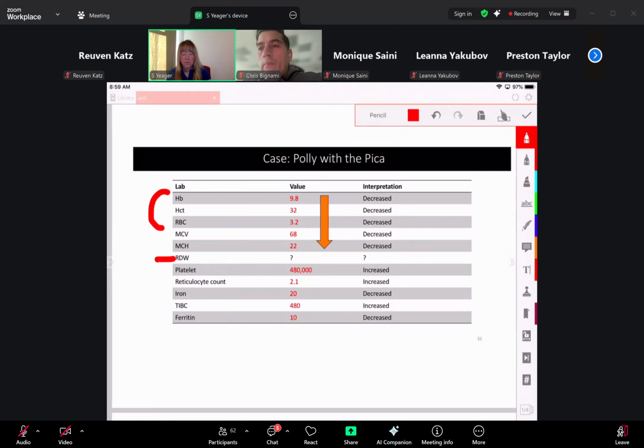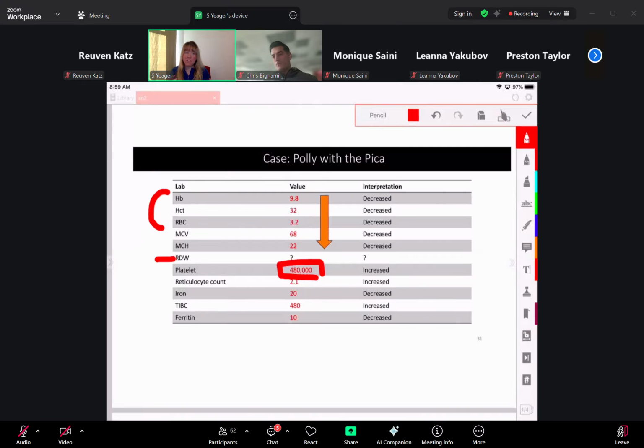And then you also want to pay attention to the fact that the platelets are elevated. This is unlikely a pathologic thrombocytosis. This is typically a reactive thrombocytosis. The patient is iron deficient, and the bone marrow's like, all right, I'll give you what I got. Here's some platelets. So it's often a little bit of a compensatory overproduction.